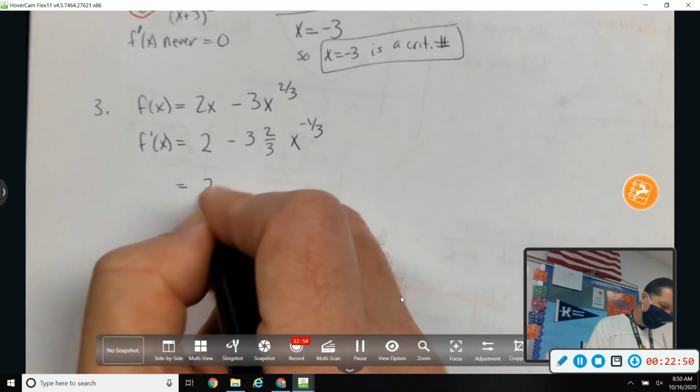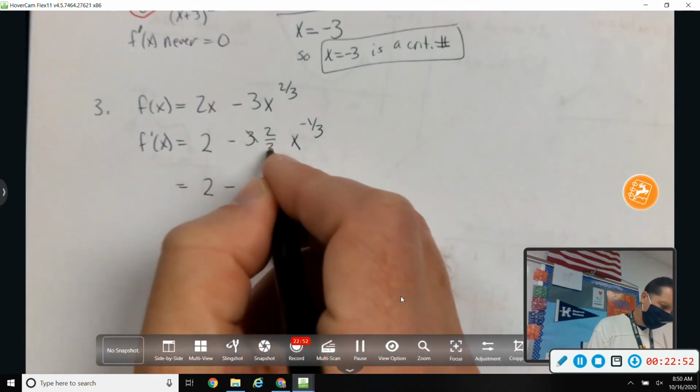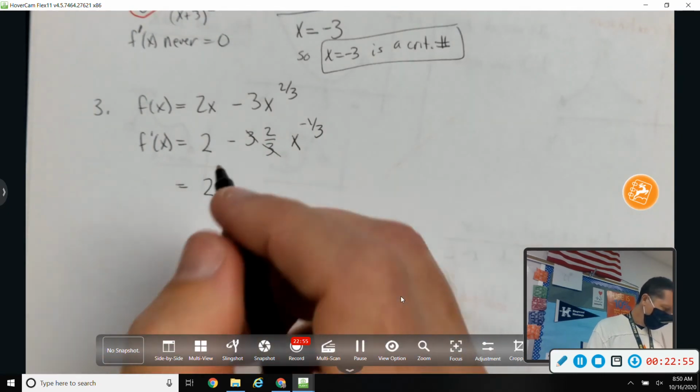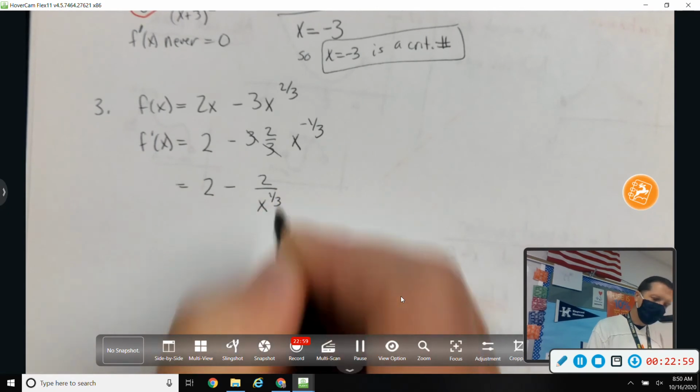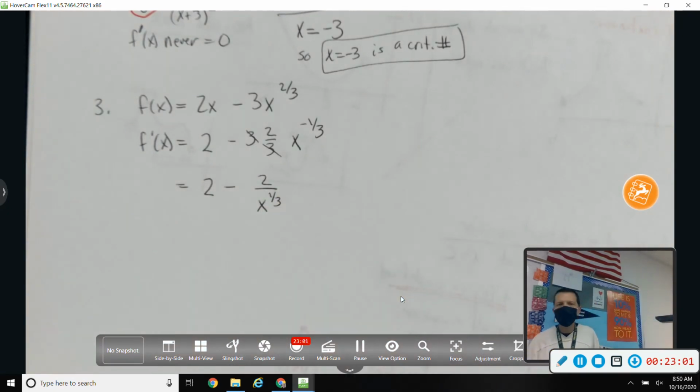So that would be 2 minus, I'm going to rewrite that as 2 over x to the 1/3 because I don't like negative exponents.